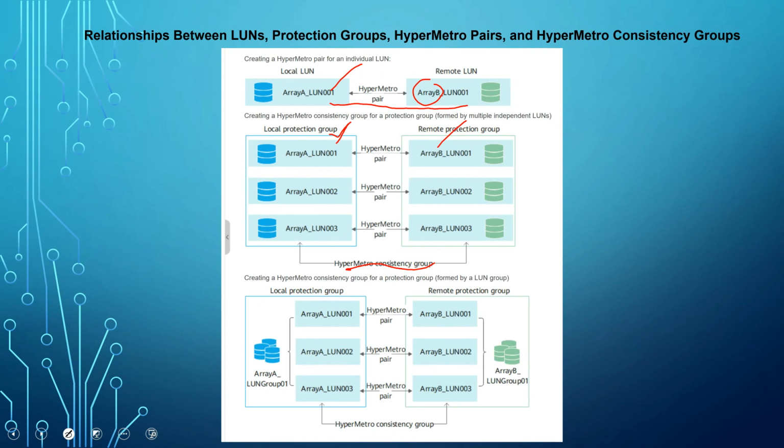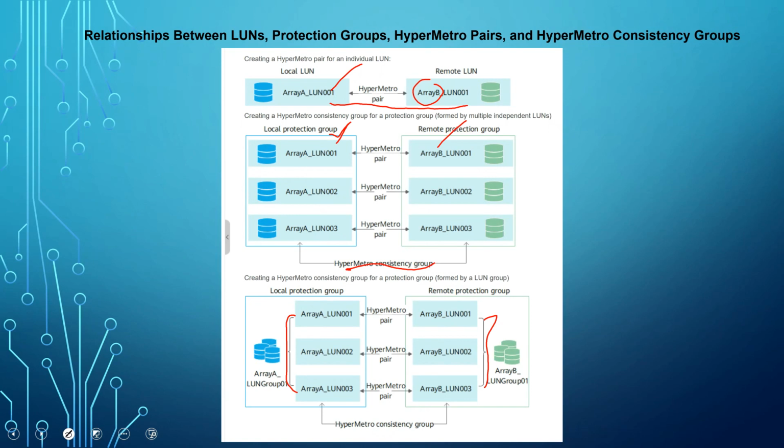And the third use case is HyperMetro consistency group on protection group from a LUN group. So you can create a LUN group, like you can see this one LUN group, and this is another LUN group. So on top of that LUN group, we can create a consistency group as well. So we have multiple ways to configure HyperMetro pair, and all these scenarios are available here.